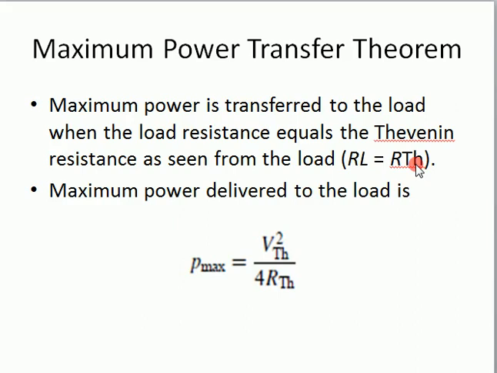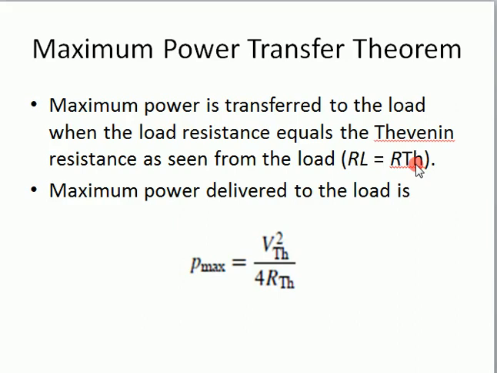That is the foremost thing. Second, how will we find the power? I am using the word power, not maximum power, because the maximum power is delivered only when the load resistor is equal to the Thevenin resistance.